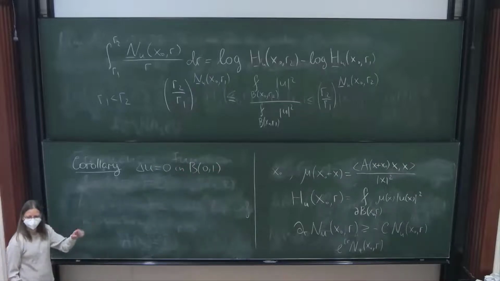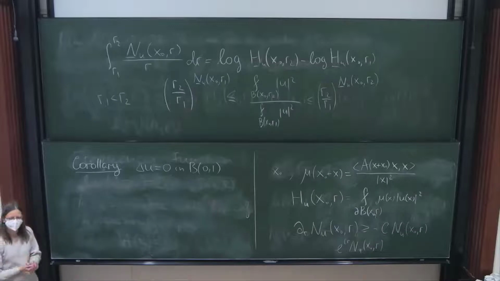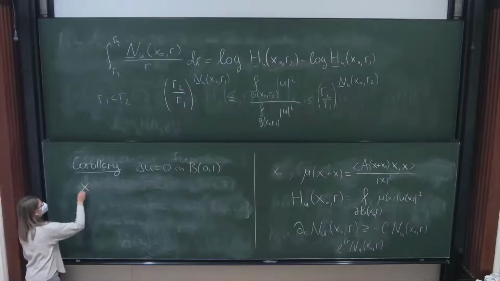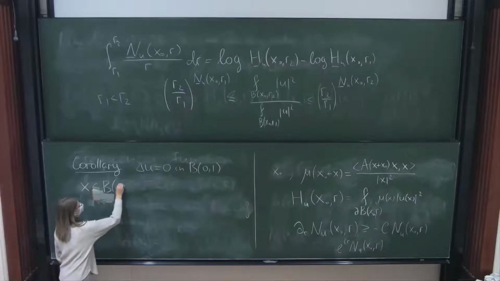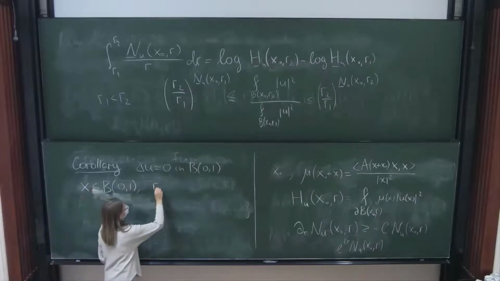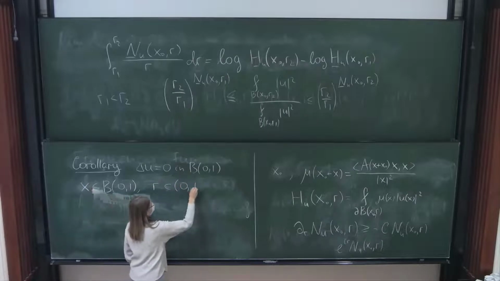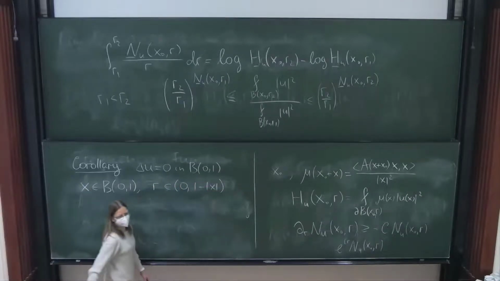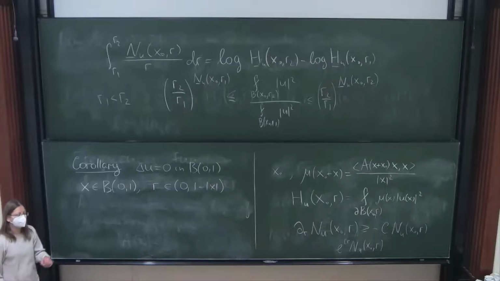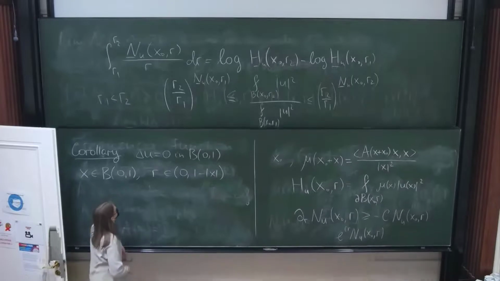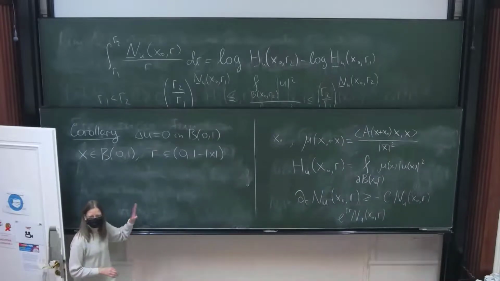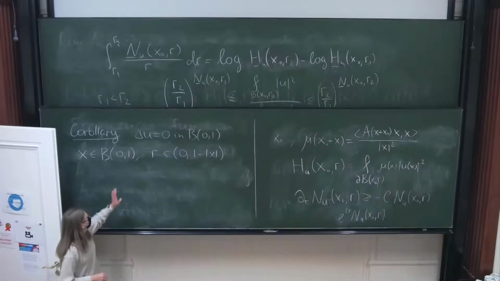I have a frequency on this ball that is fixed, and I want to bound the frequency at some other point. So we take x in the unit ball, and R such that the ball of radius R has these assumptions of a harmonic function in the unit ball.